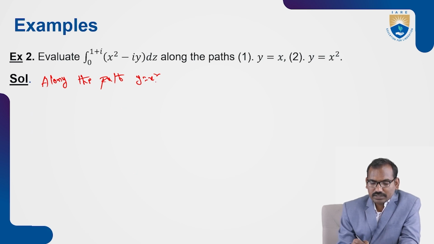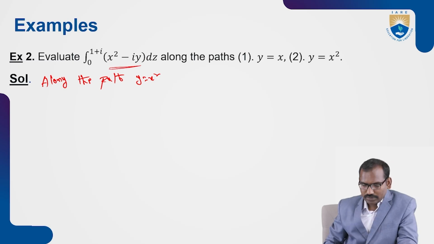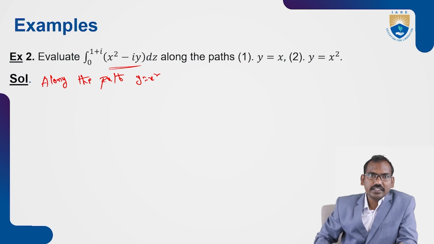You know the relation between y and x, and we can find dy as I described in the previous problem. It will also come in terms of x, then find the variation of x and calculate this. In this way we will evaluate line integrals along a curve, from one point to another point.